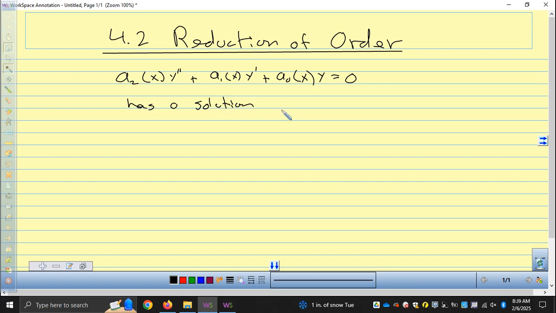Our solution looks like c1 y1 plus c2 y2 on some interval, where y1 and y2 are linearly independent. That's basically what we've talked about the last 2 days: an equation like this is going to have a solution that looks like this.